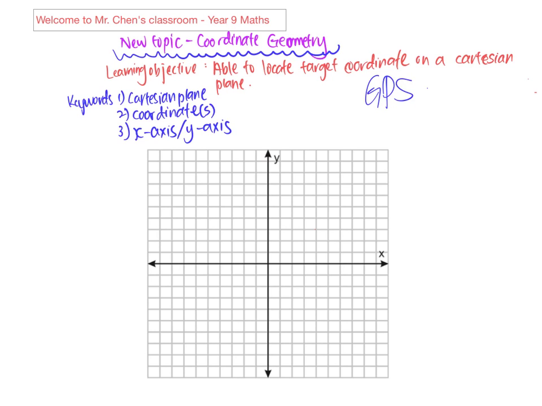What GPS allows you to do is locate distance. Back when we didn't have this technology, you had to use something like this, which allowed you to locate the distance between 2 points. So without wasting time, let's get into it.